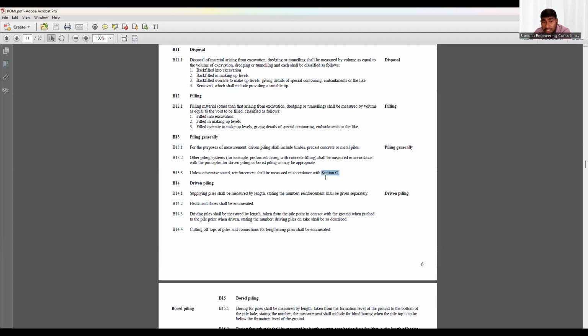But in my bill of quantities, I included everything, including reinforcement, concrete, driving, boring, augering, whatever it is, in one pile item. I put one pile, one number, for the contractor to price as one, including boring, testing, piling, reinforcement, sludging, or whatever it is. Everything is included in one item.